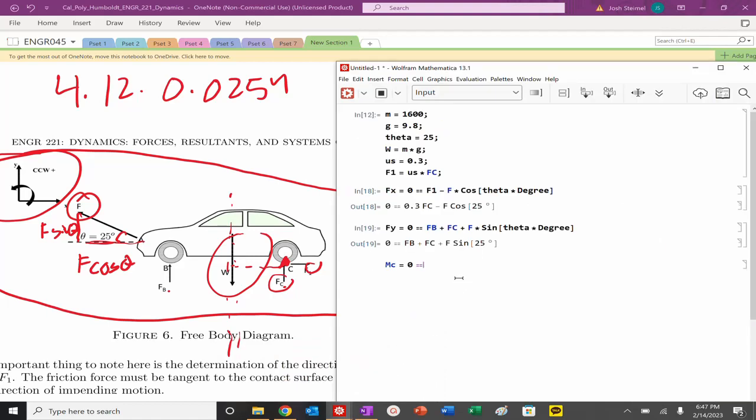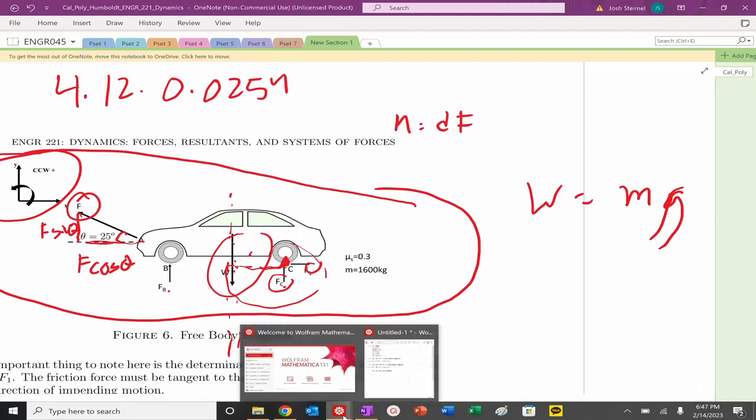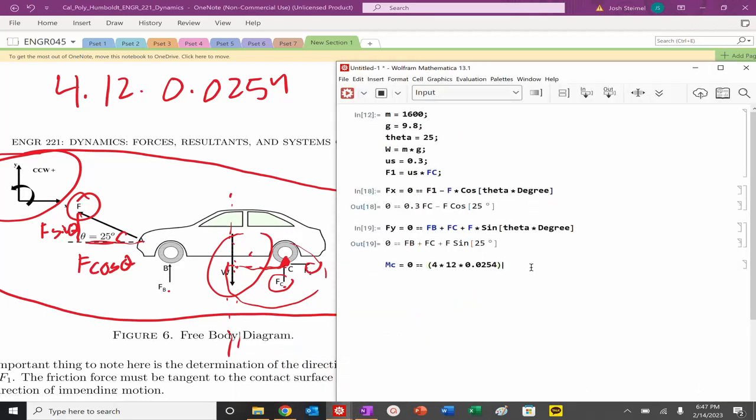So we'll do the lever arm right now: 4 feet times 12 times 0.0254. That is my perpendicular distance to the line of action. And if I do my right-hand rule, how will this rotate? Counterclockwise, so that is indeed positive, so I can put this times my weight.